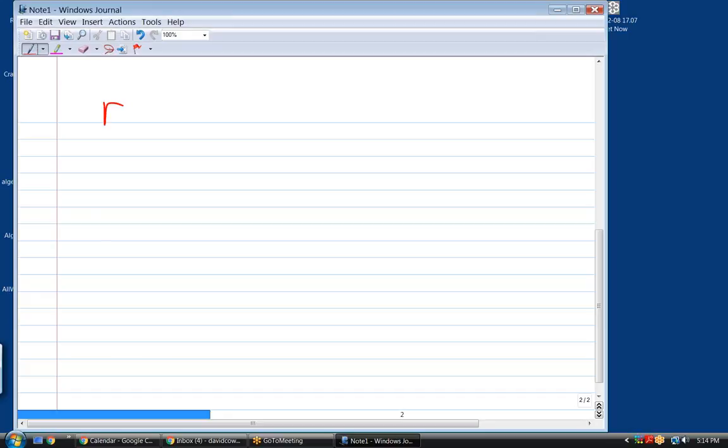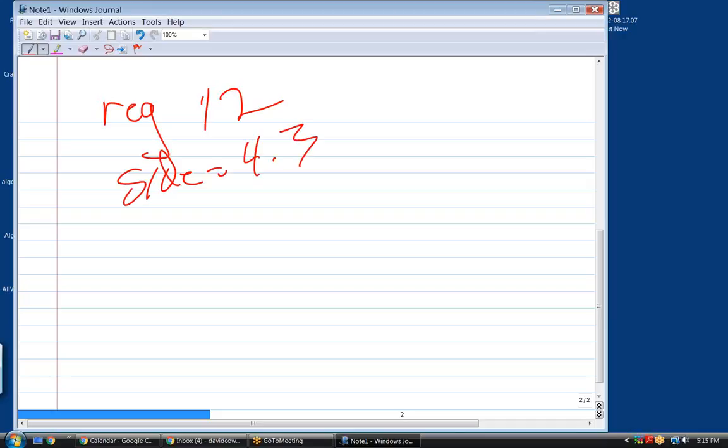We have a regular dodecagon. How many sides is that? Dodeca, isn't that 12? So it's 12-sided. And the information we have is that it has a side length equal to 4.3 and a radius of 8.3. So what's the area?